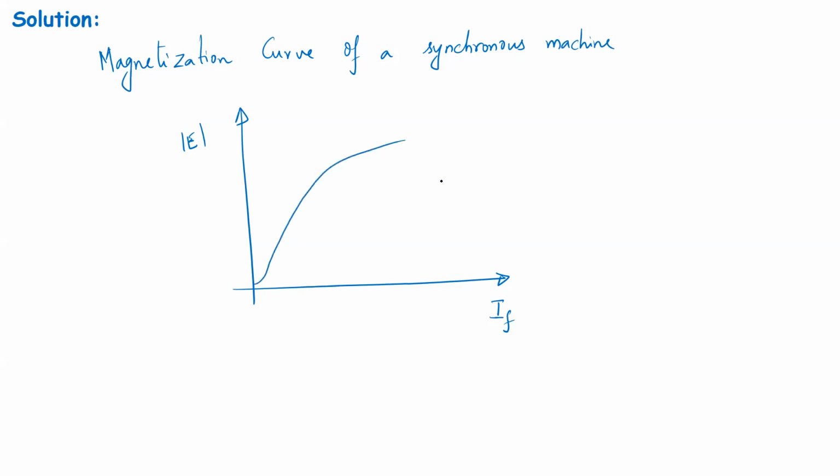And usually it is like this, and this is for a particular value of speed.